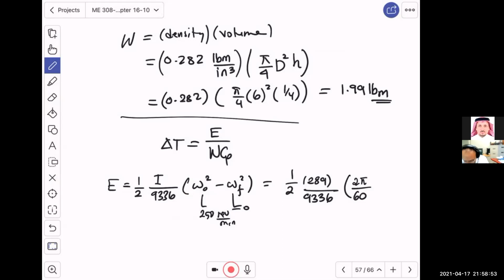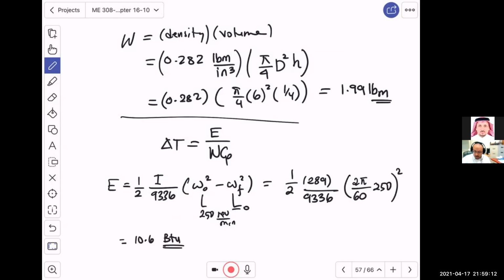Then multiplying this by 250, and we have the square. Don't forget the square. So how much is this? This is going to be 10.6 BTU. That's the energy.